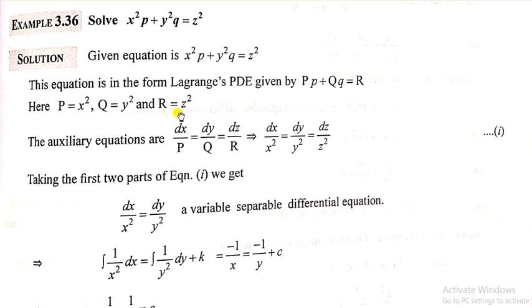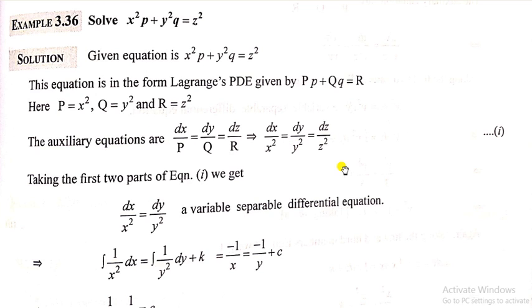So our first step is writing the auxiliary equation as dx by P, dy by Q, dz by R. So dx by x square, dy by y square, dz by z square.